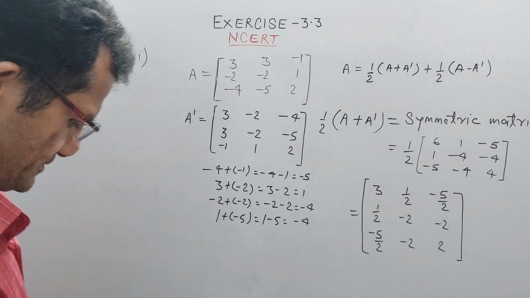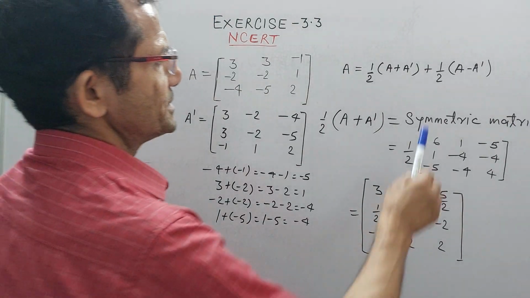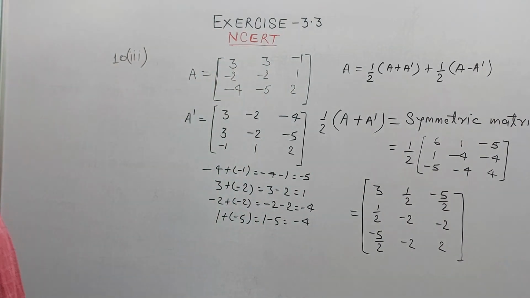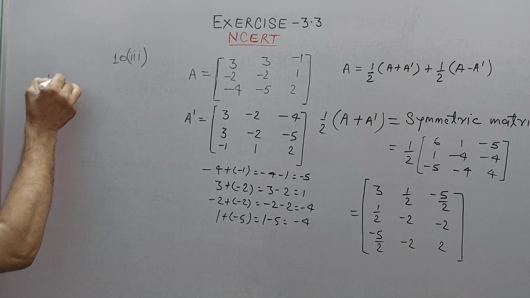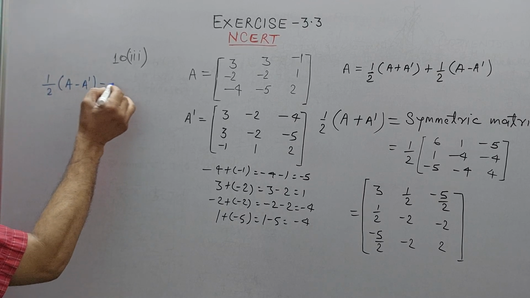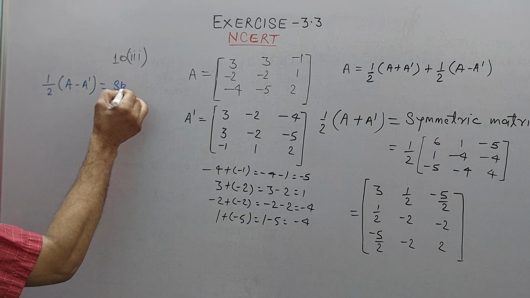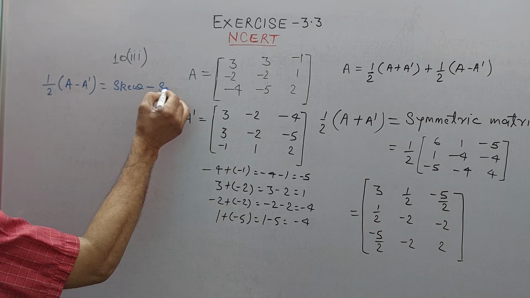Let us do the skew symmetric matrix. So for skew, half of A minus A dash is our skew symmetric matrix.